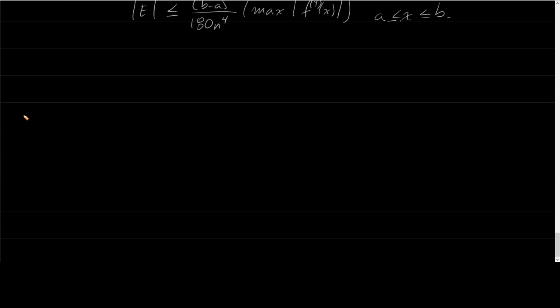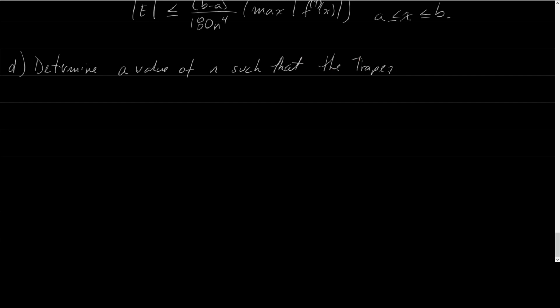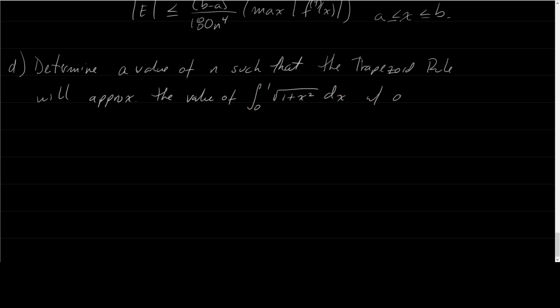Yeah, D. So D. Determine a value of n such that the trapezoid rule will approximate the value of the integral from 0 to 1 of the square root of 1 plus x squared dx with an error that is less than or equal to 0.01.